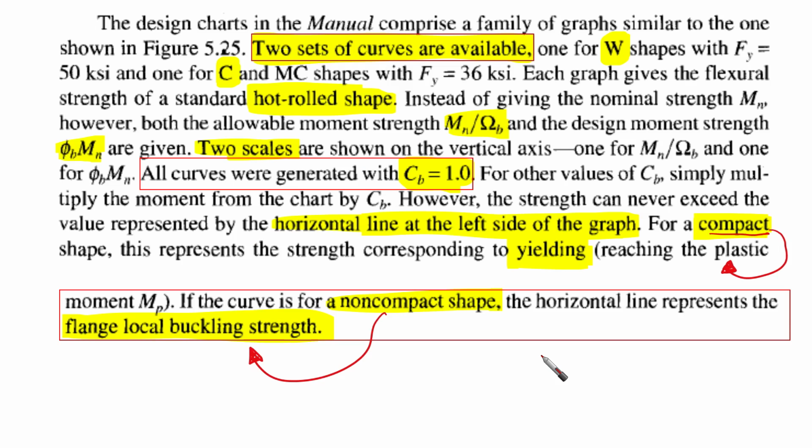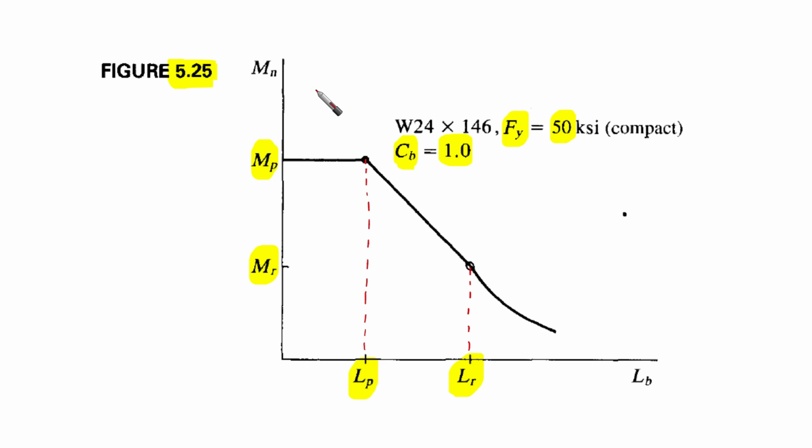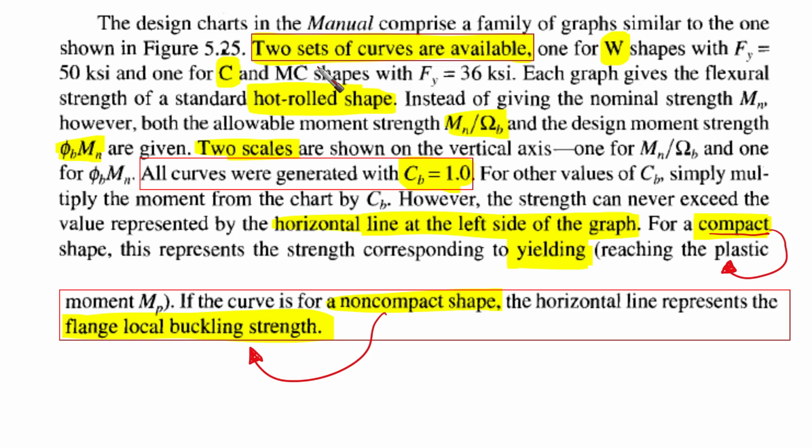Now let's go to another point which is important for us to note about the curves. The design charts in the manual comprise a family of graphs similar to the one shown in the figure before, which is this one. We have a family of curves in the manual. Two sets of curves are available: one for wide flange with F yield equal to 50 KSI, and one for C and MC.